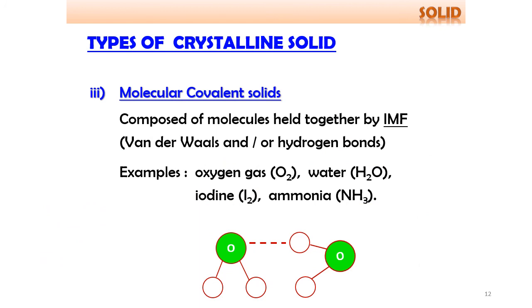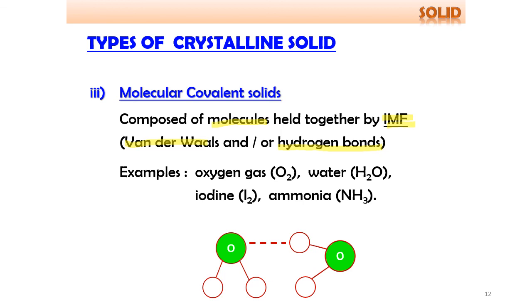Next, we will look into molecular covalent solid. So it is composed of molecules that are held by intermolecular forces such as van der Waals forces or hydrogen bonds. So for example, oxygen gas, H2O water molecule, iodine, ammonia, and so on. So you can see this example.